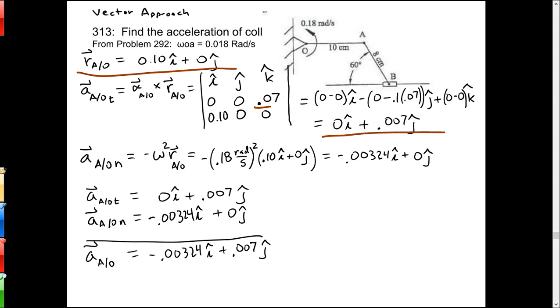Then I can get the normal acceleration, negative omega squared r. And then add them up, and I'll get the same acceleration vector of A with respect to O that I had before. I'm just calculating the normal and tangential using vectors this time, that's all. It's just a different way of doing those calculations.